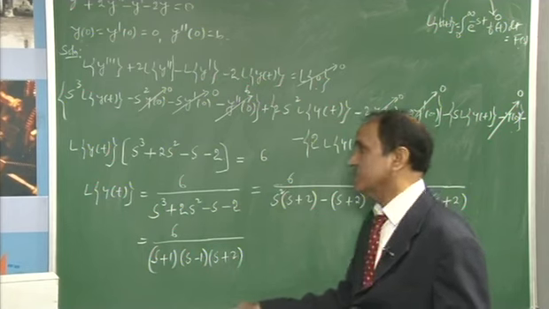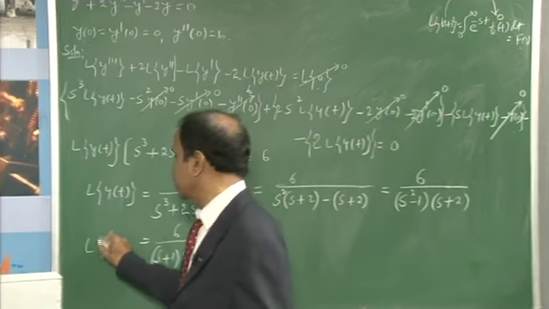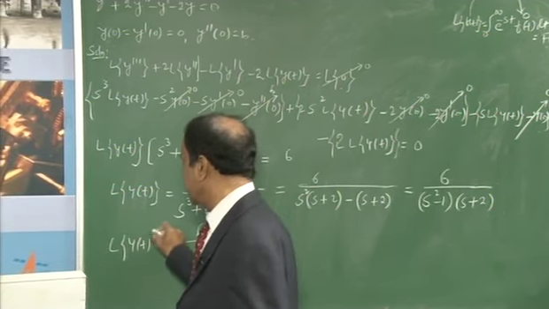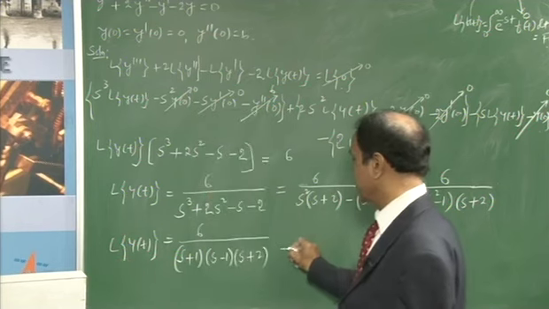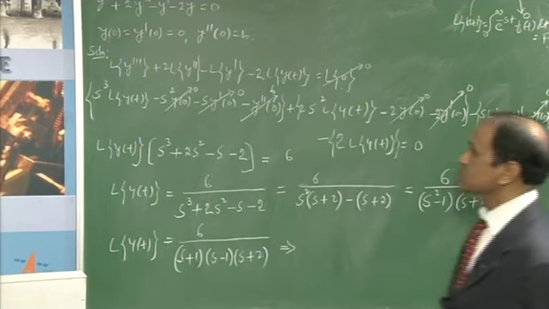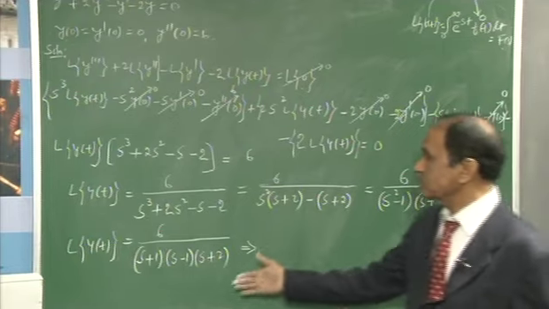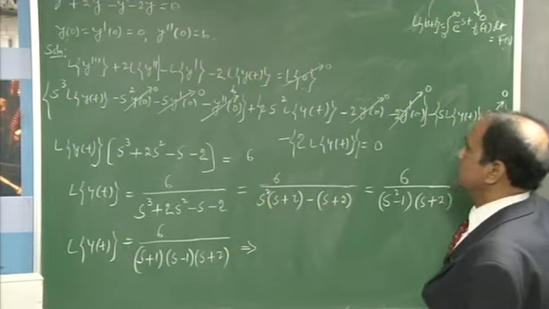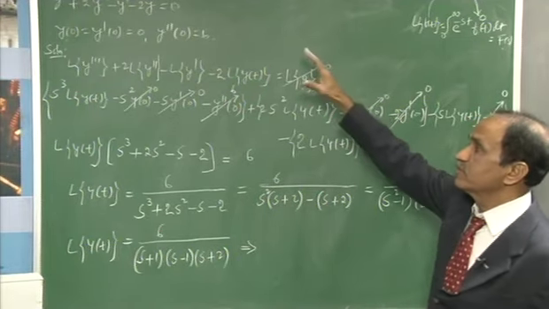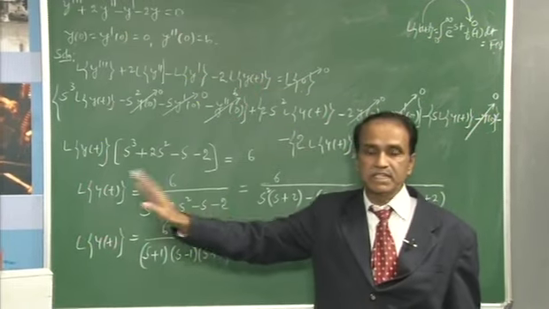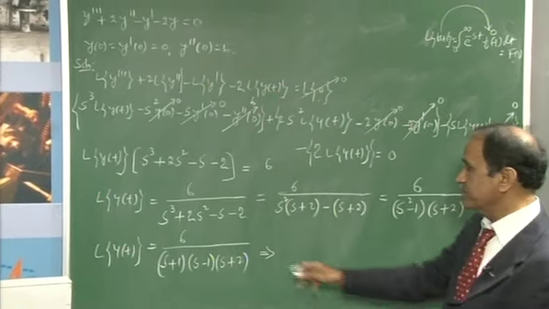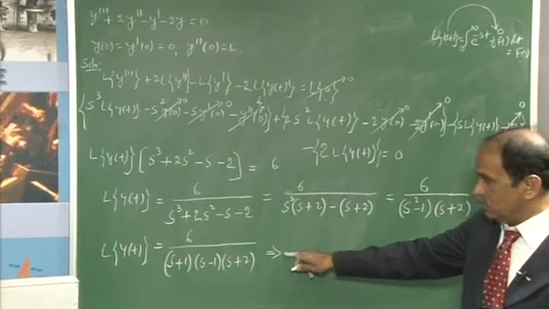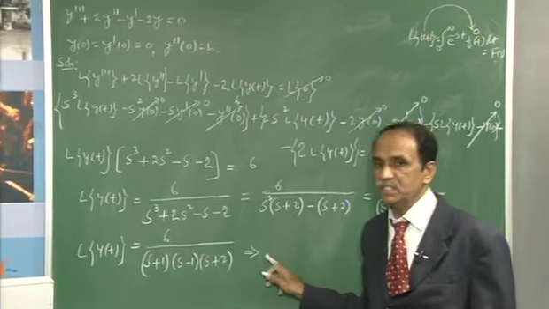Therefore now L of y(t) should be evaluated by the inverse. What I was trying to convey is that up to here, all the procedure we applied was the direct application of the Laplace transform. The step I am going to write now is the inverse Laplace transform.